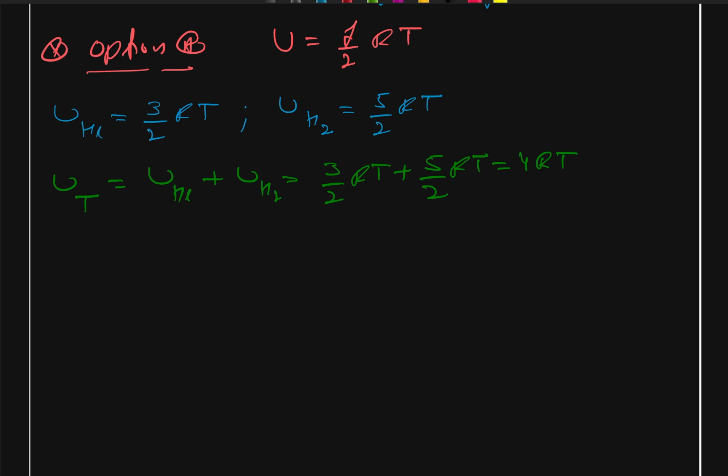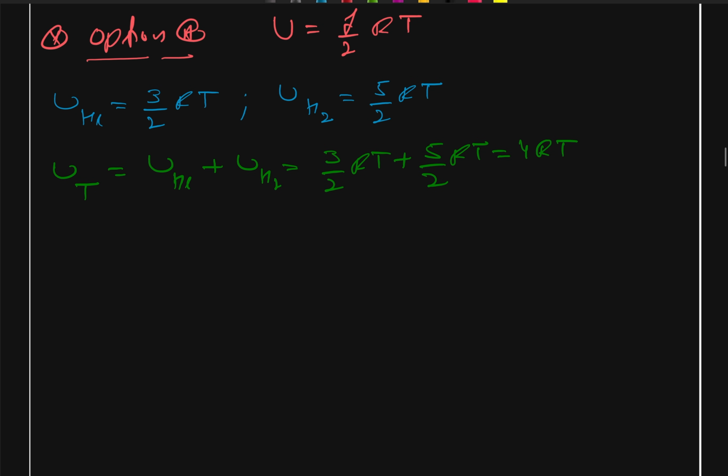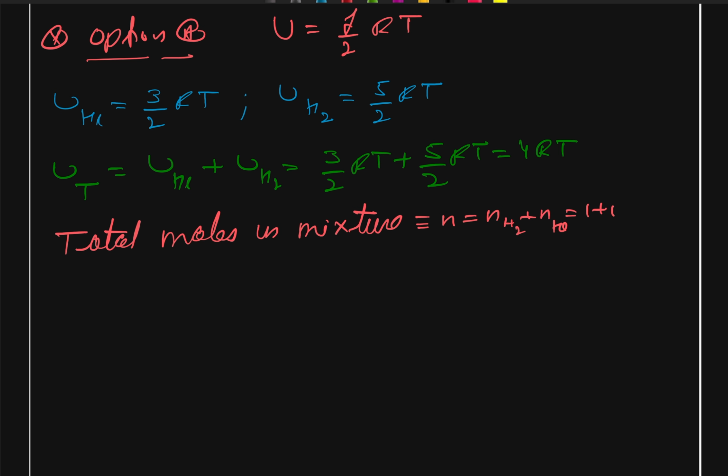And in the mixture, total moles N will be equal to N for hydrogen plus N for helium, which is 1 plus 1, giving us 2.